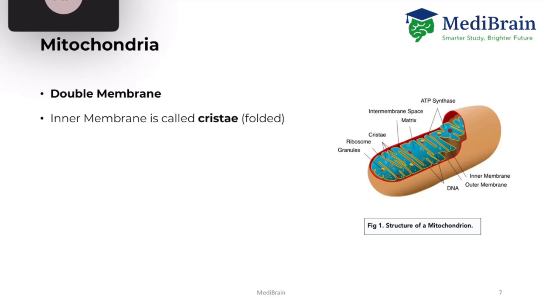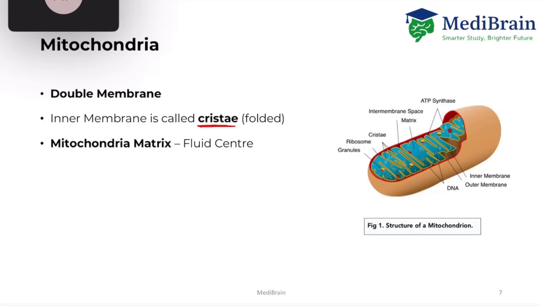When you have a single folded membrane, it's called cristae. Cisternae is when you have both the membranes folded heavily. So we looked at cisternae in the rough endoplasmic reticulum and the smooth endoplasmic reticulum. Over here, we're looking at cristae: just the inner membrane of the mitochondria is folded, and that's cristae.